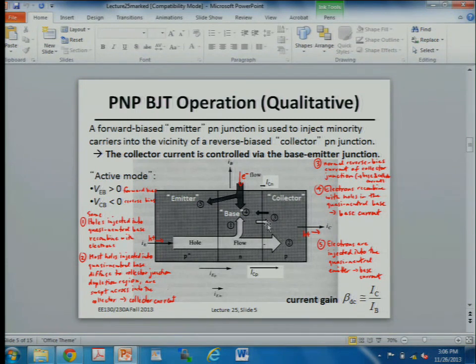Let me think. In the collector, let's see. So what you're saying is, if we dope the collector more lightly, each of these small arrows 3 increases in magnitude.